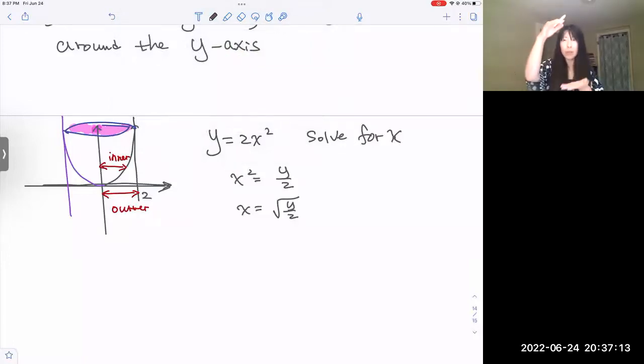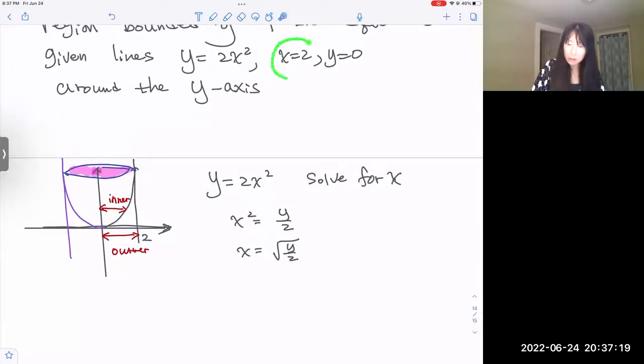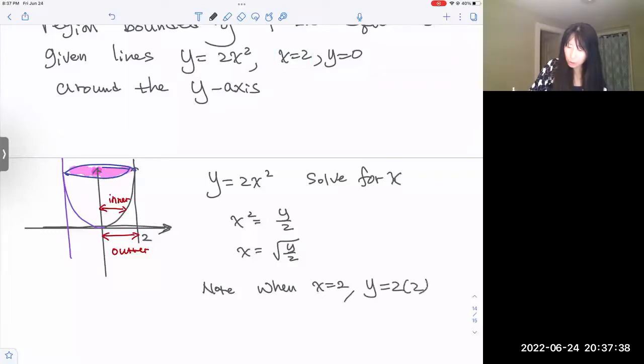Now the interval. We are looking at the y interval. When x equal to 2, what do you get for the y value? When x equal to 2, we have y equal to 2 times 2 squared. We get 8. And then they give us y equal to 0. So we're going to use 0 to 8 as lower bound and upper bound.